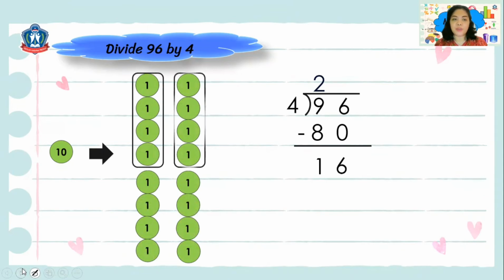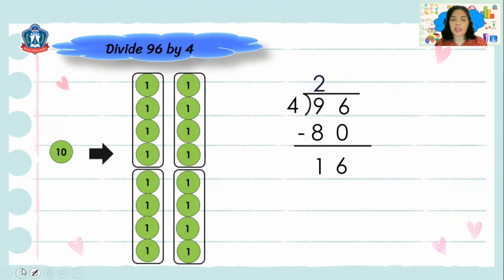So 1, 2, 3, 4. Okay, so we have 4 groups of 4. We don't have an excess ones. So it's only enough for 4 groups. So 4 times 4 is 16, and let's subtract. So there is no ones left, and that is 0. So 96 divided by 4 is 24.